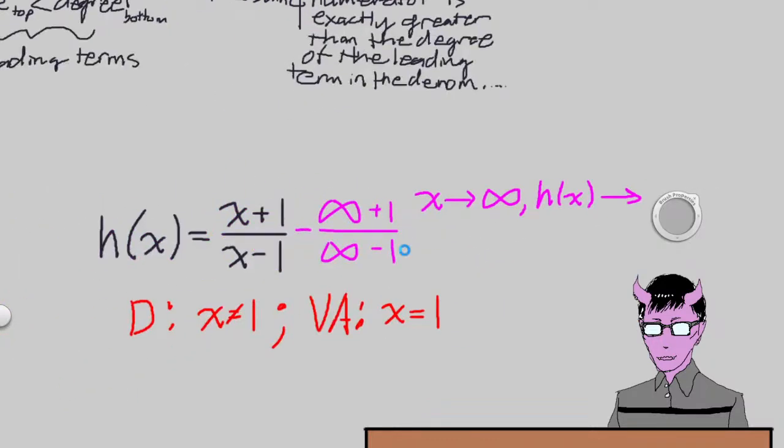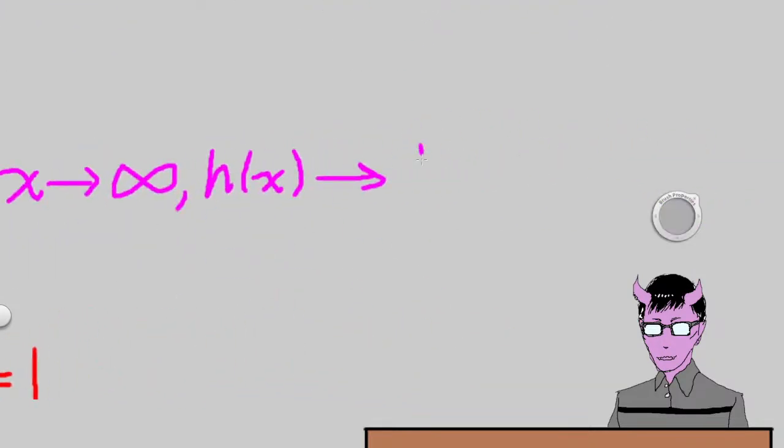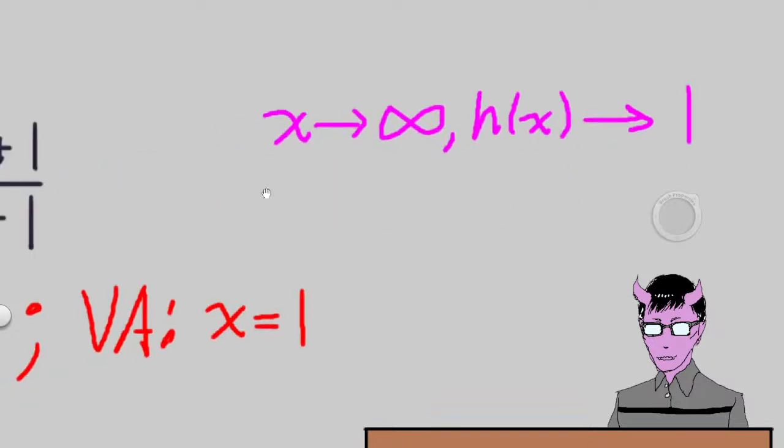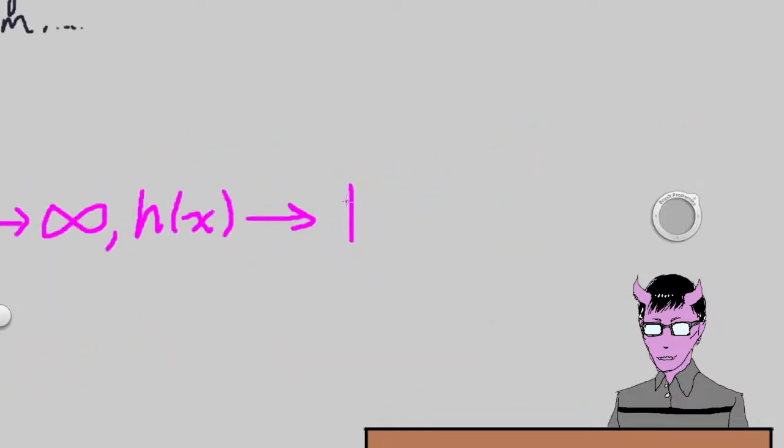Now here's where you need to be a little careful. This is my warning. Even though it approaches 1, it's not quite 1, because the numerator is plus 1 and the denominator is minus 1. So in effect, the bottom number is slightly smaller than the top number. So we have a value that's slightly above 1. So be careful.